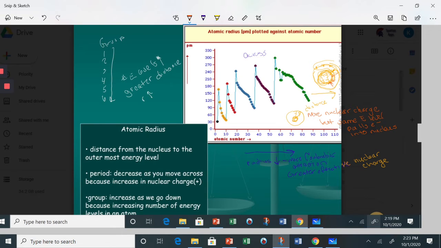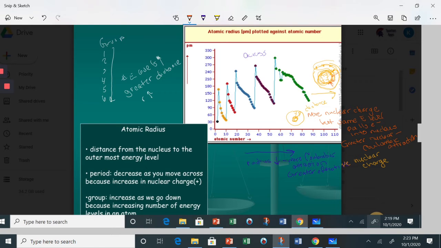That is greater nuclear coulombic attraction. More positives, more attraction. Okay, so that is atomic radius.